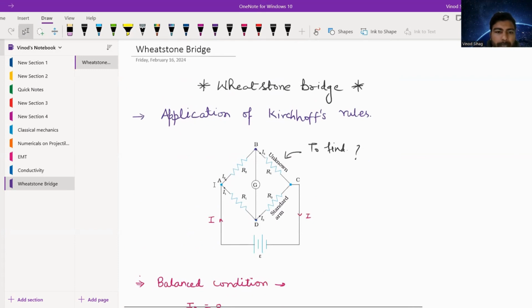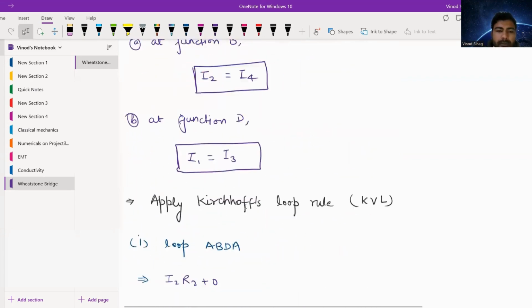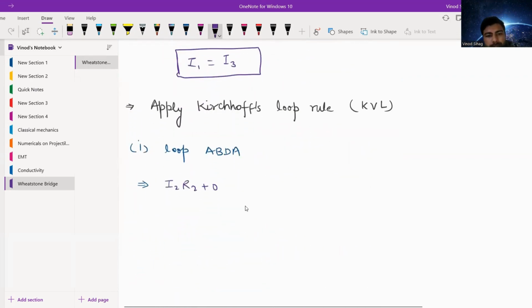AB is completed, BD is completed. Now we are moving from D to A. Our motion is from D to A, but the current is in the opposite direction, so we have to take the negative sign. So it will be minus I1R1 equals 0.